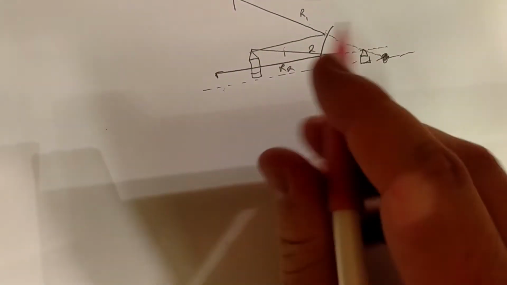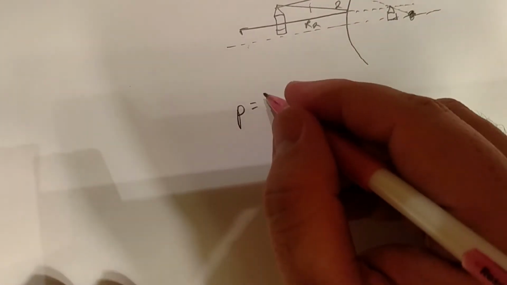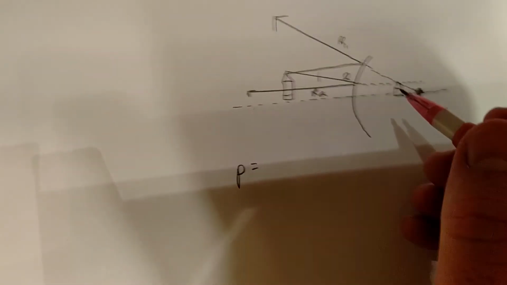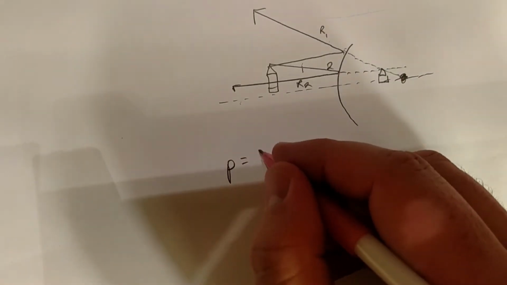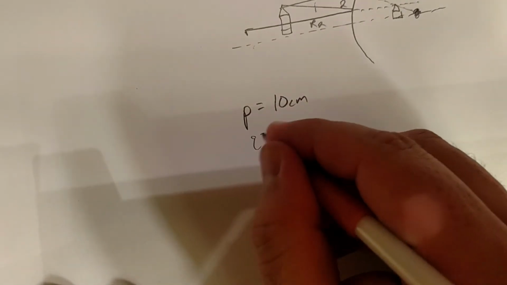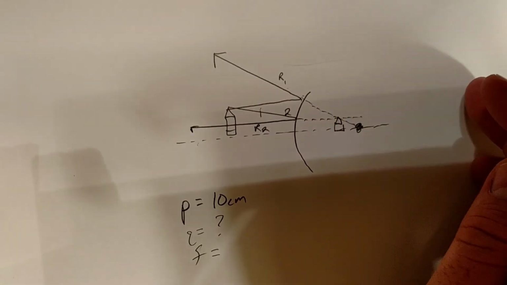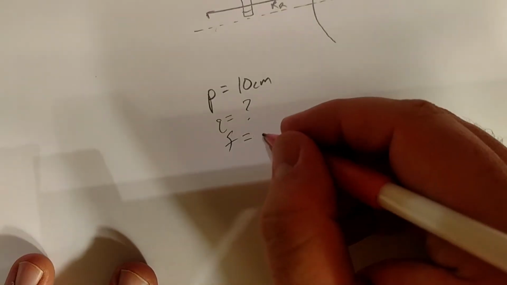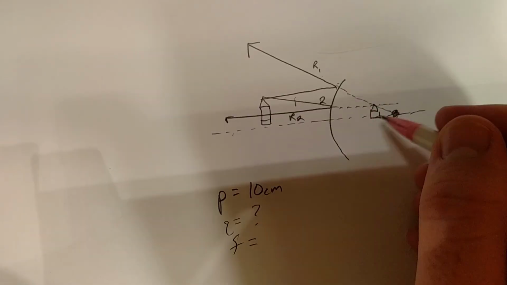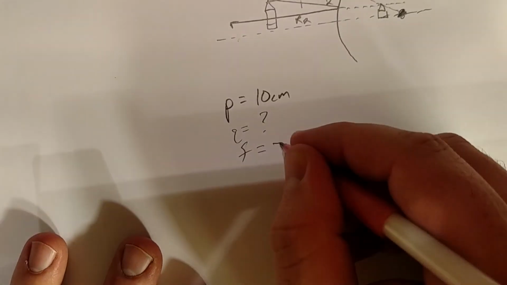Now, let's move on to the mathematics portion of this particular problem. For P, for the sake of calculation, let's just call it 10 centimeters, okay? Now for Q, we don't know it. And then finally for F, we'll say it's pretty close to the same distance as P. It's a little less, but for the sake of calculation, call it 10.